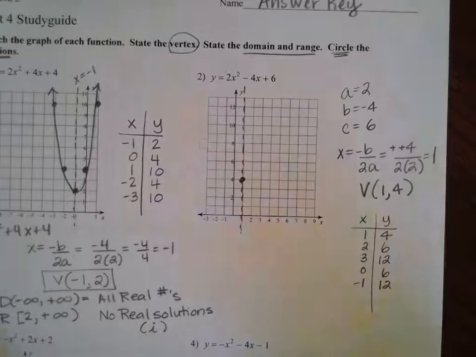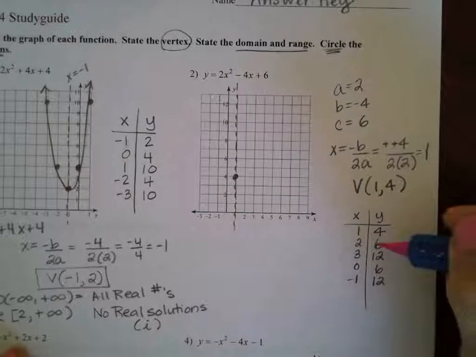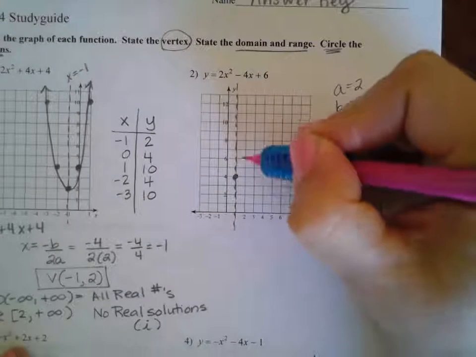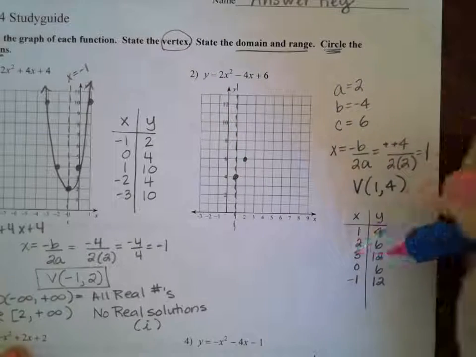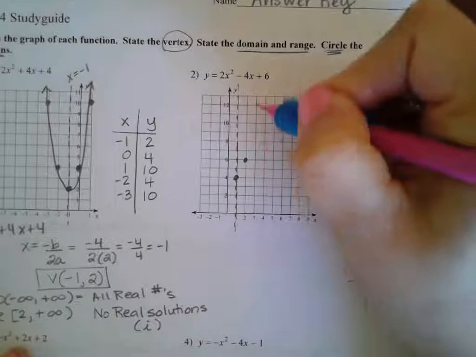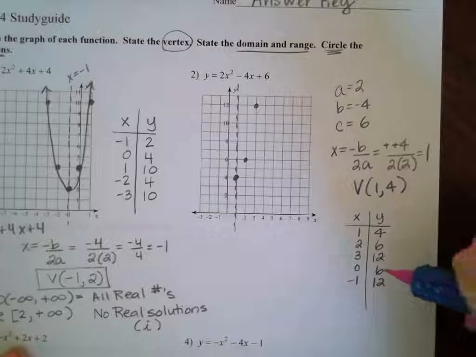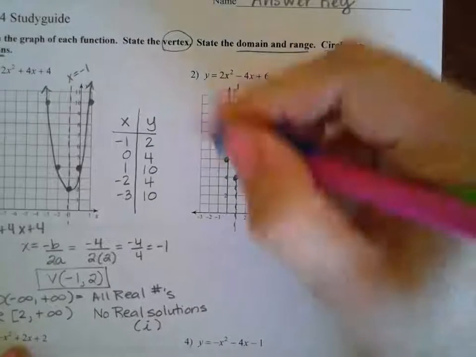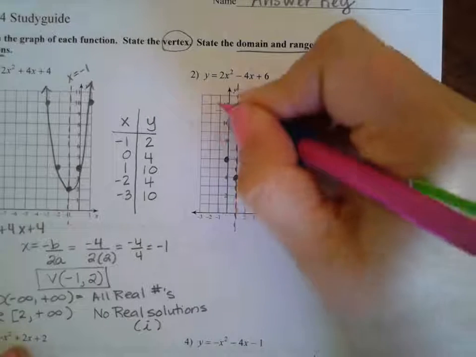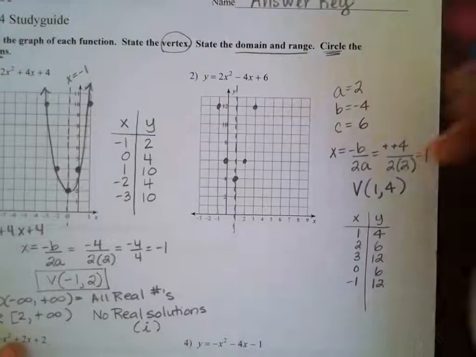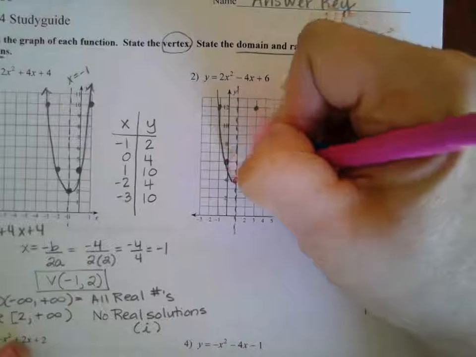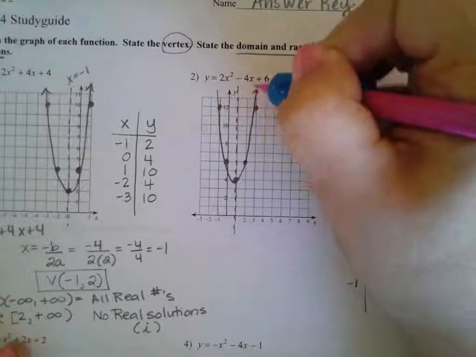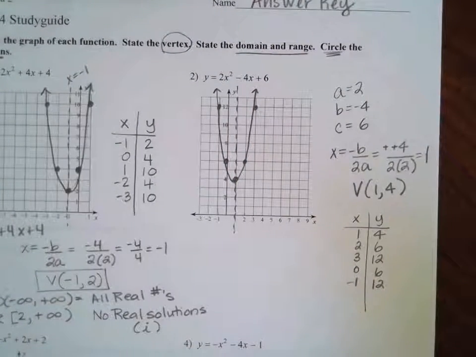Okay, so now we're going to plot that. So we're going to plot 2, 6: over 2, up 6. 3, 12: over 3, up 12. 0, 6 right there, and negative 1, 12: over negative 1, up 12. So now you're going to connect the dots, put some arrows on the end, and you're done.